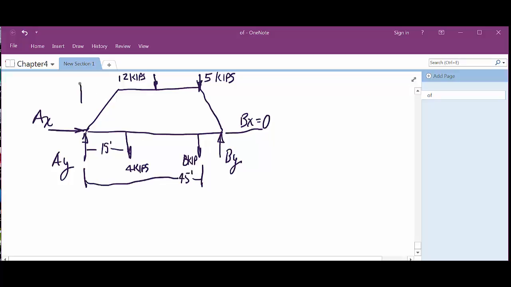This one must be about 30, and the overall must be 60. Oh, and then we have to have the height. No, we don't actually need the top of the truss, and they don't even give the height of the truss.